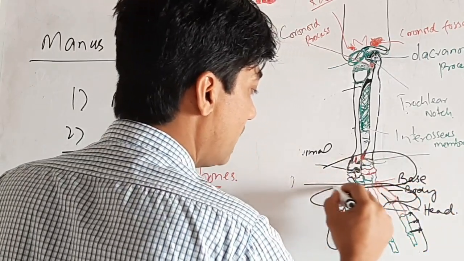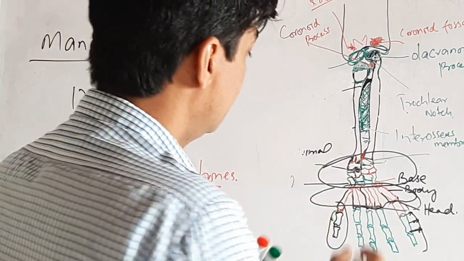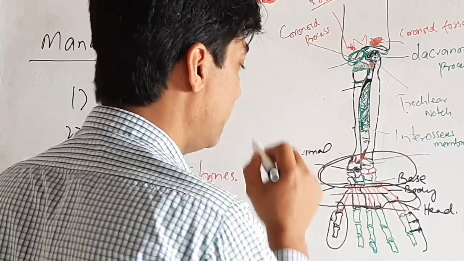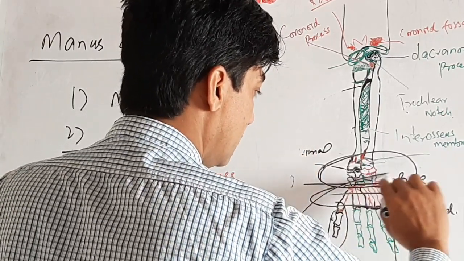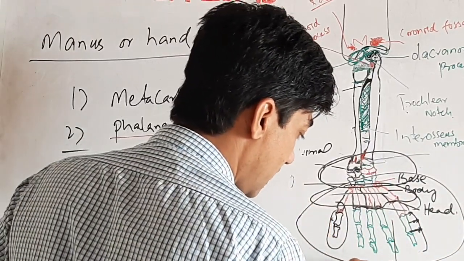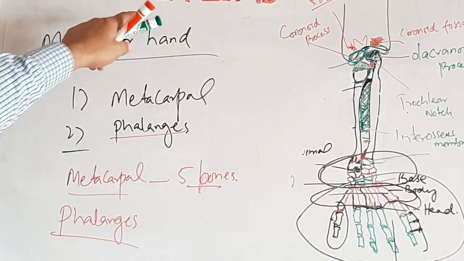The wrist joint is made up of the 8 carpal bones we have discussed, and here are the metacarpals and then phalanges, and these 14 and 5 bones are joined and make the fourth portion of the upper limb.